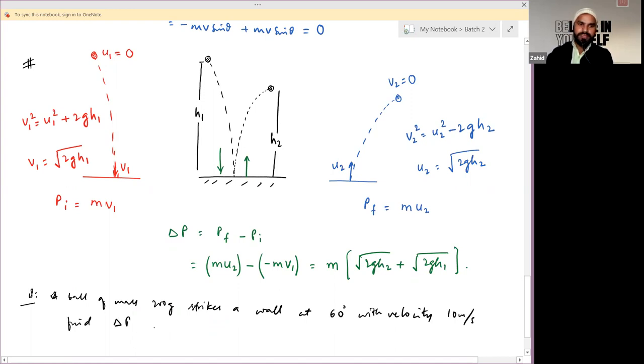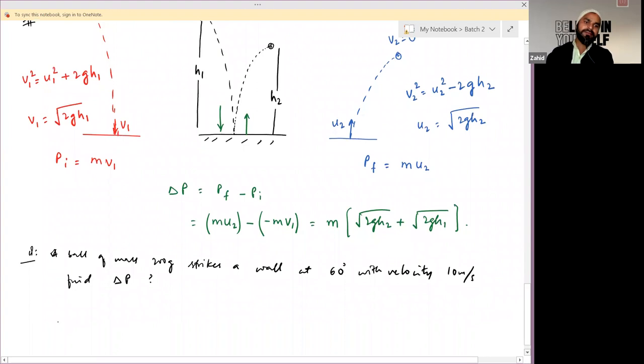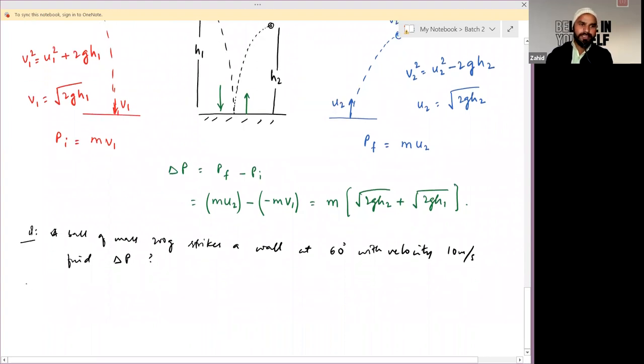Find change in linear momentum. Just use the above formula and put the numerical part in that. In this question, we have mass in terms of gram, so we have to first convert it into kg, then put it in the above formula.